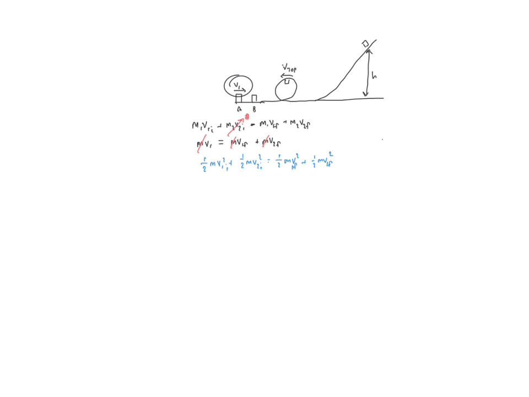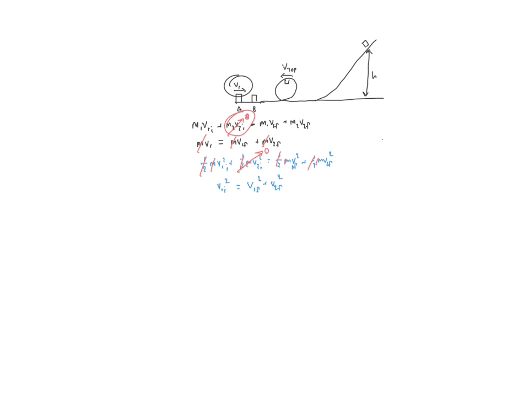Notice every term has a 1/2 and an m, so I'm going to cancel all of that out. And just like with momentum, the initial kinetic energy of block B also goes to 0, since its initial velocity is 0. What we're left with is V1 initial squared is equal to V1 final squared plus V2 final squared.